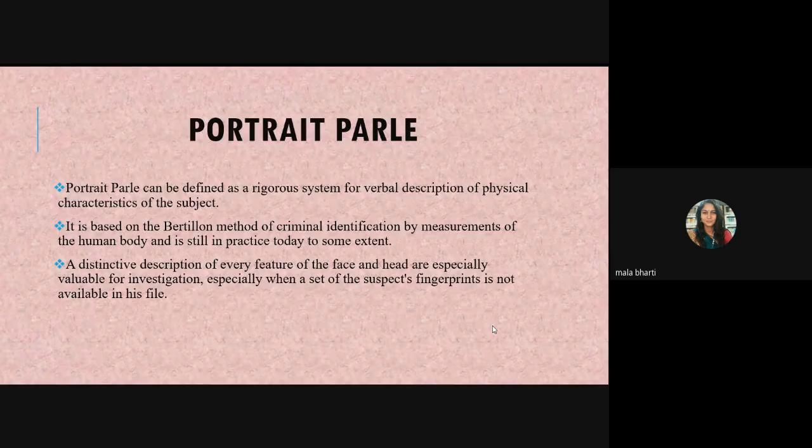According to him, by taking certain bodily measurements and keeping a record of them, we can create a database and identify the individual using that. And we're talking about criminals. He worked with the whole prison system for a long period of time, and his role there was to record the dimensions, like the stature, the hand length, the hand breadth.